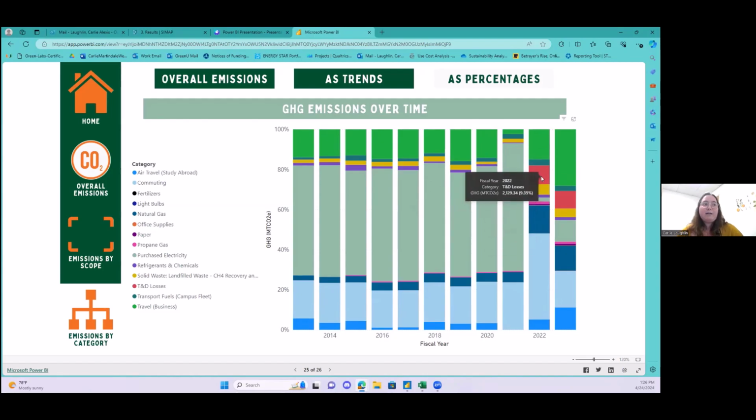We see that transmission and distribution losses, we didn't account for prior, but we began accounting for those. And then we also have natural gas taking up a lot more space now than it used to. So we know that maybe we can begin looking at carbon offsets for the natural gas that is being used in our buildings here on campus.